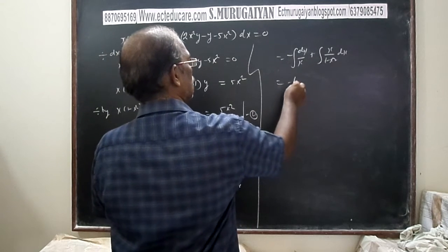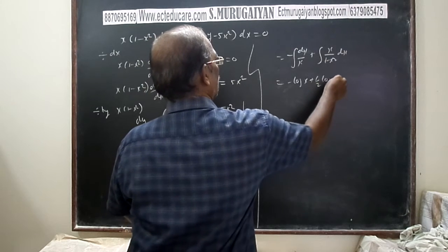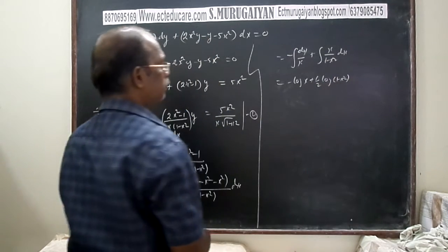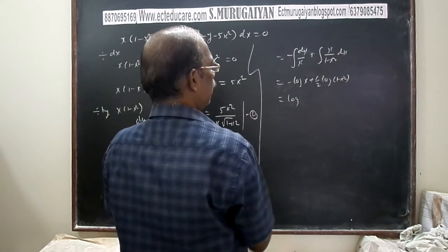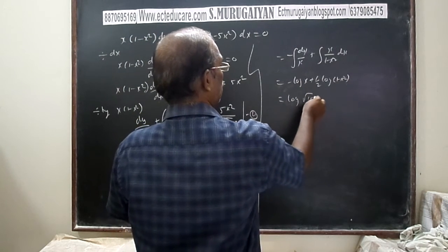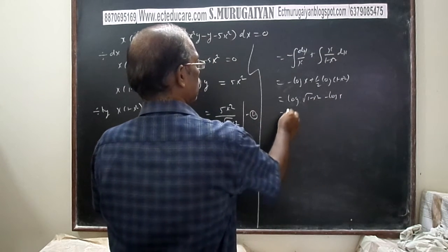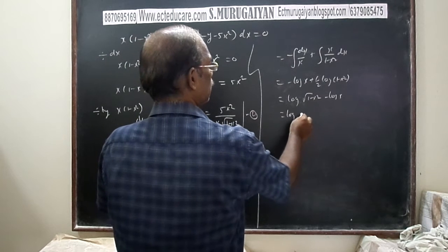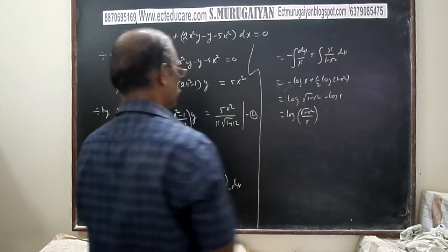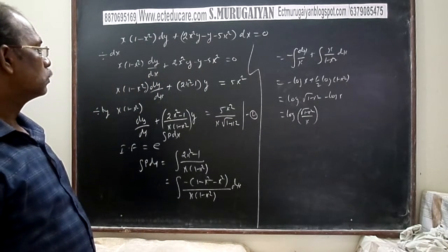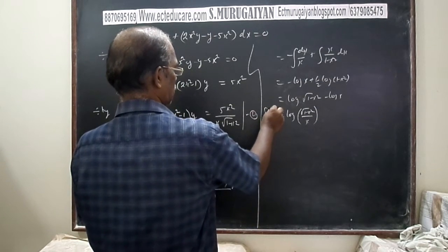So this is −log x + (1/2) log(1 − x²), that is, log of √(1 − x²) minus log x, which is log(√(1 − x²)/x). Okay, so this is the integral of P dx.